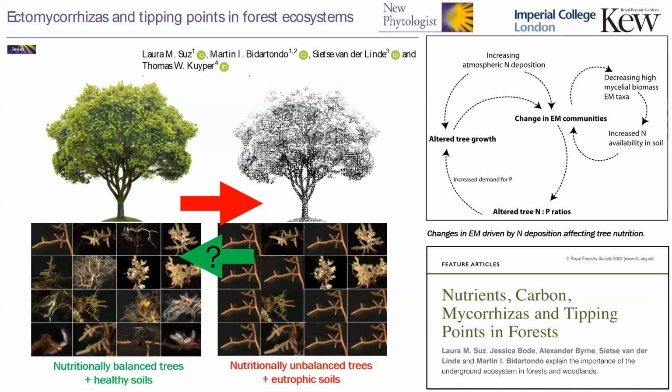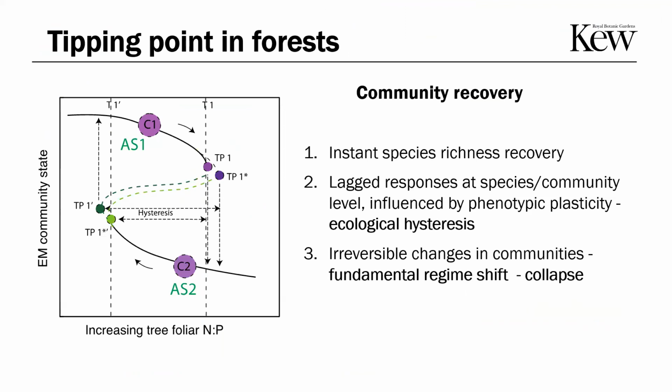So we have seen that this is what is happening in 30% of the forest in Europe. Nitrogen deposition is affecting these fungi, and changes in these fungi are affecting the mineral nutrition of the trees. We are now trying to understand what the mechanisms behind this are, because there can be different ways for the communities to recover.